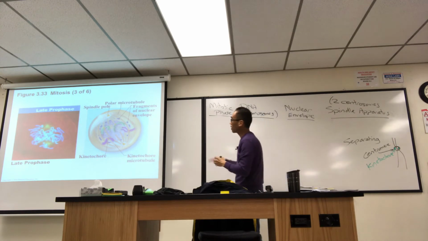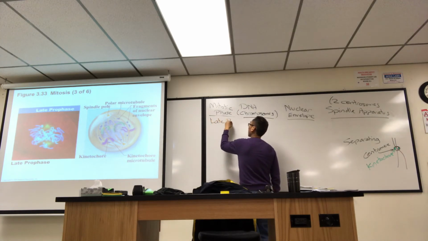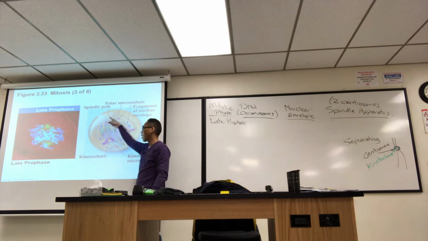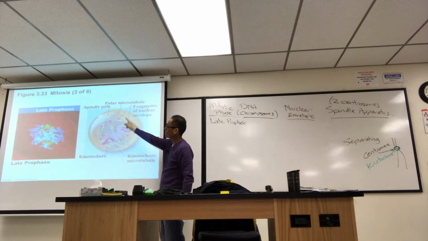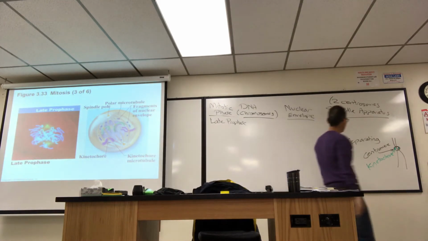All right, so now we've got late prophase. By now, you've got both centrosomes at polar ends of the cell. They're at opposite ends. And we have what they call a spindle pole. It looks like a spindle shape. That's how they describe it. I'll put that. You have spindle pole.